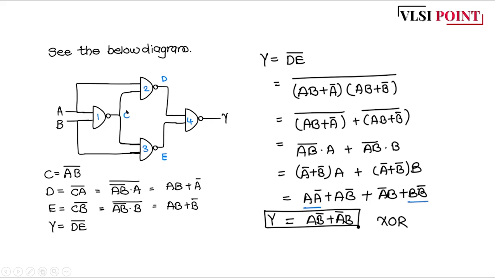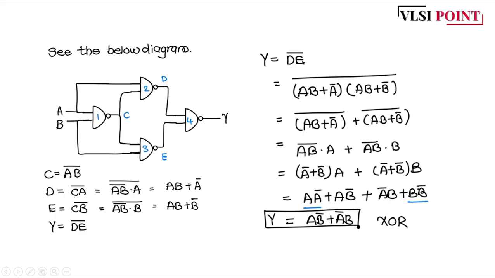D is (C·A) bar. If you keep C as (AB) bar, you will get AB plus A bar. E is the output of the third NAND gate, (C·B) bar. If you keep C as (AB) bar, you will get AB plus B bar. And Y is (D·E) whole bar. So we are just solving this equation.